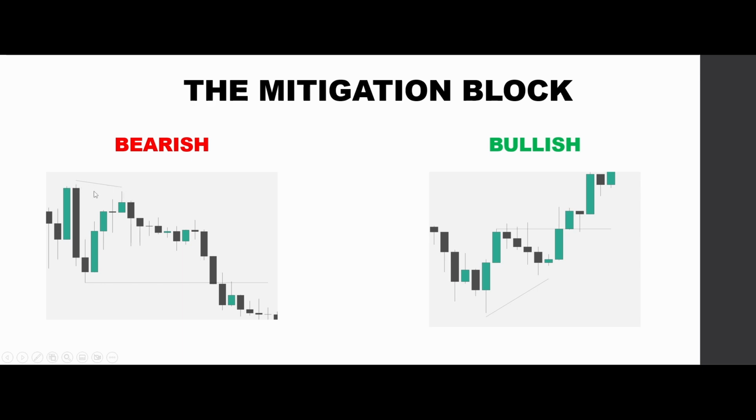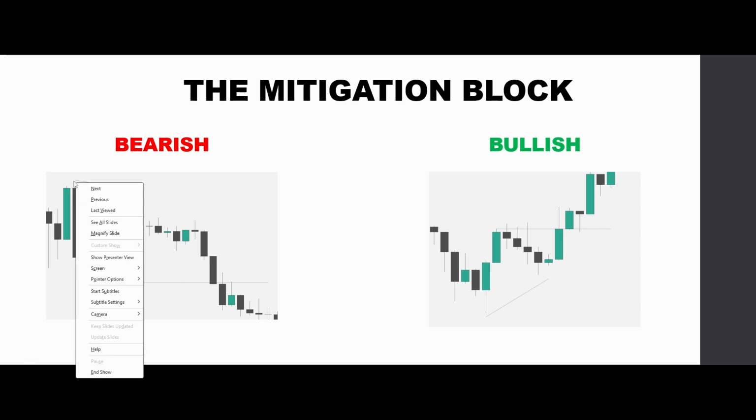So we have a lower high, a low, a lower high, and then once we trade below the low down here, creating our lower low, and then tap back into the down close candle that's left, this becomes our mitigation block. So this down close candle here is our mitigation block.